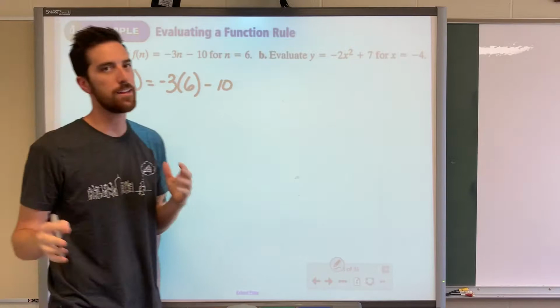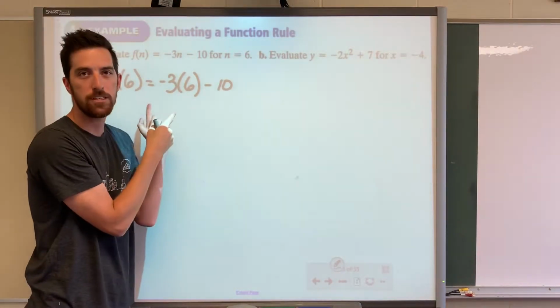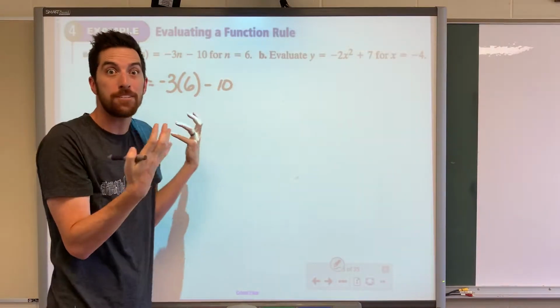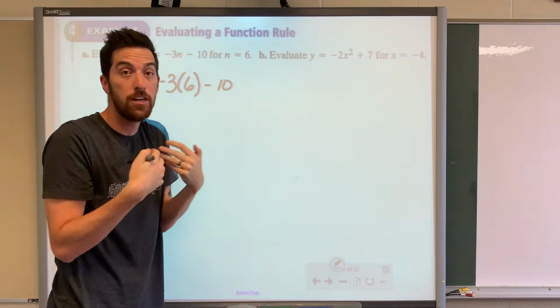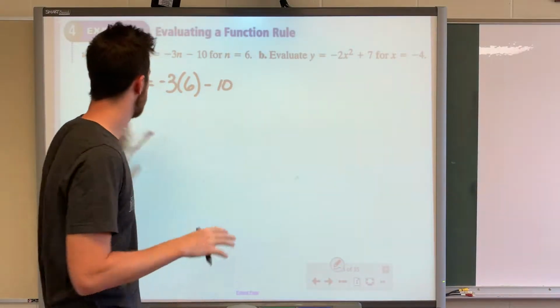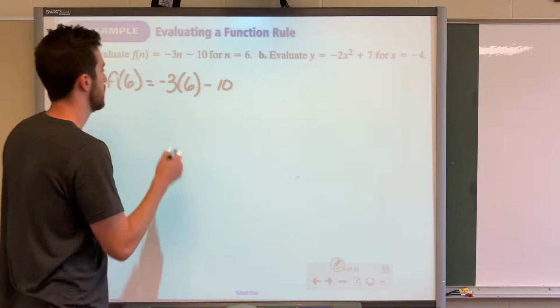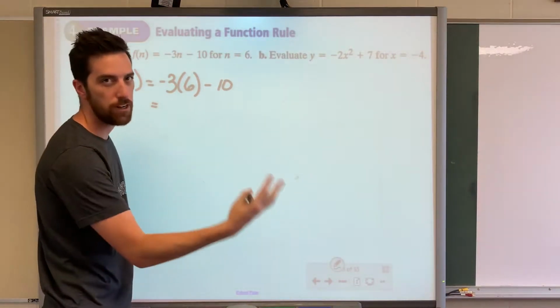Now, here's why a lot of kids hate function notation. They'll see this f of 6 and they'll say, oh, that means f times 6. They're right next to each other. So that's 6f. Now with function notation, this stays the same on the left side. You don't even need to worry about that. Only evaluate the right side here.